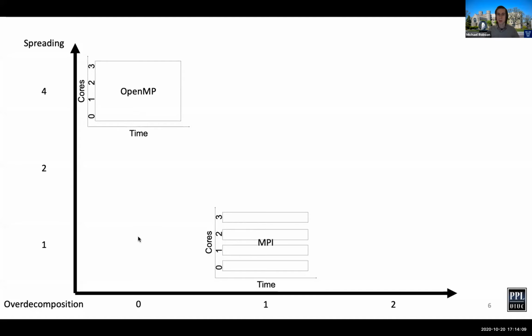Then we have the Charm approach, which introduces the idea of over decomposition. Instead of having just a single object per core, we can now have multiple objects. Keep in mind, this is the same computational problem, but divided up with various timelines. These maps represent an idealized Projections view.